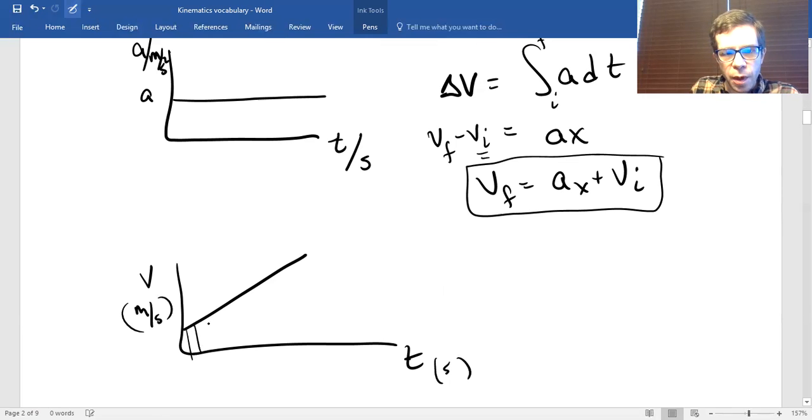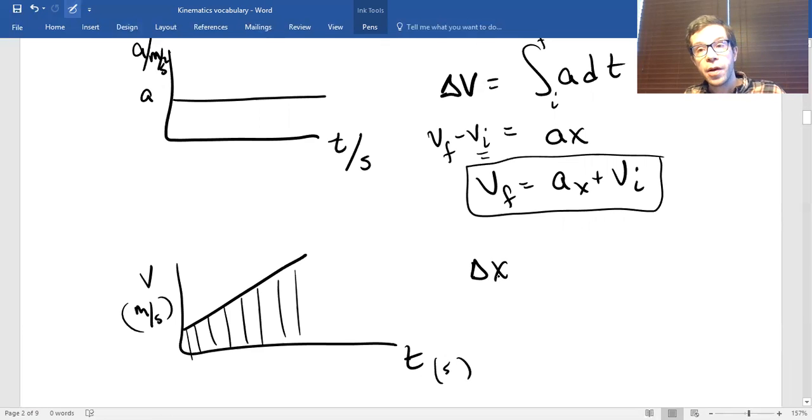Because now we want to look at what is an area under this curve between two boundaries. So if we integrate that, we're going to get a position, right? And we know that because we've defined these values as the rates of change, right? So if I integrate the velocity, I'm going to get the change in position.